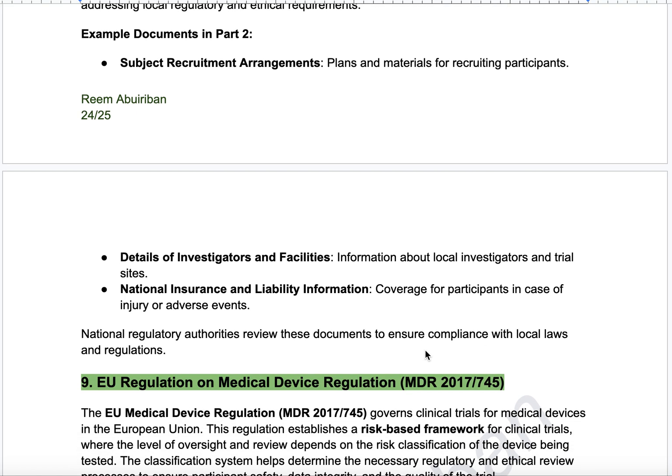Example documents in part 2: subject recruitment arrangements, plans and materials for recruiting participants; details of investigators and facilities, information about local investigators and the trial sites; national insurance and liability information, coverage for the participants in the case of injury or adverse events. National regulatory authorities review those documents to ensure compliance with the local laws and regulations.